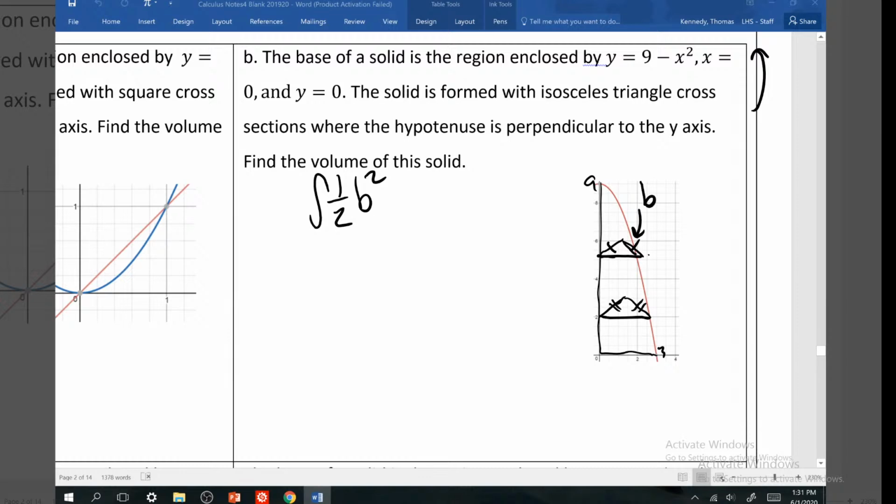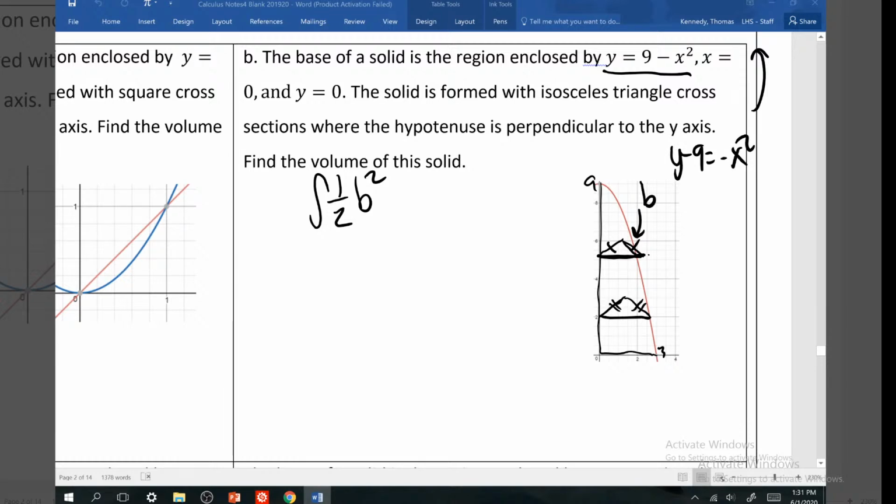I already have some opening work here, which is that this distance is not y equals 9 minus x squared, because that is the up and down distance to the curve. It's actually this equation rewritten and solved for x. So y minus 9 equals negative x squared.